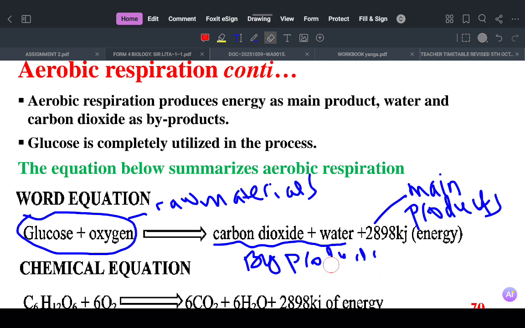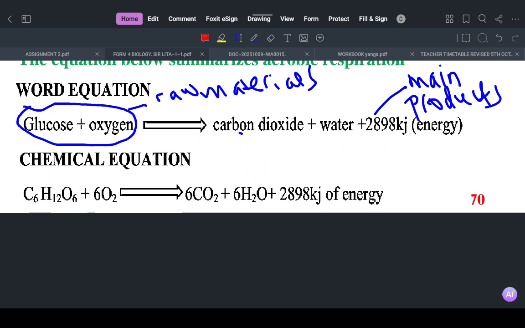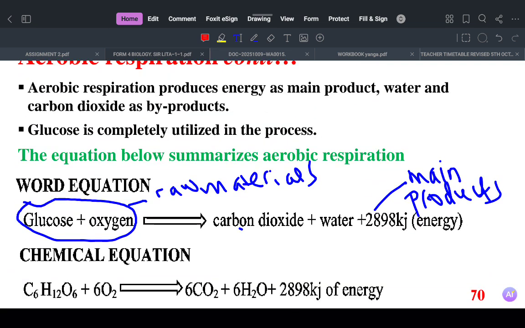But your syllabus also requires you to be able to write a chemical equation for the process. So the chemical equation here involves writing the chemical formula of each of the substances involved.